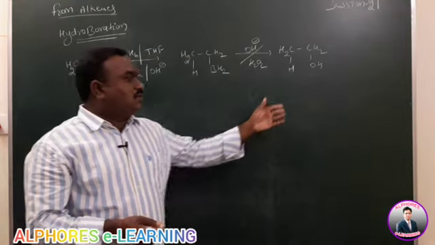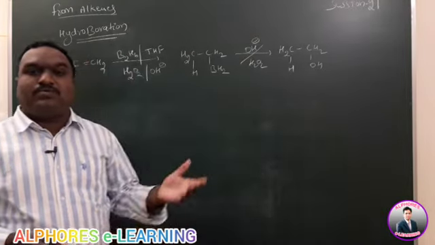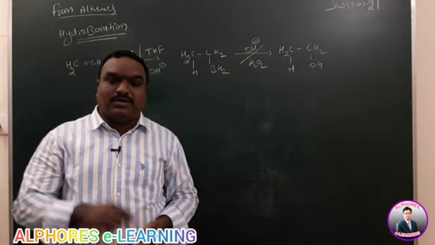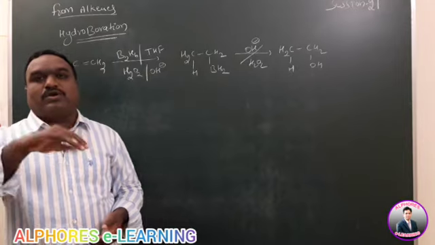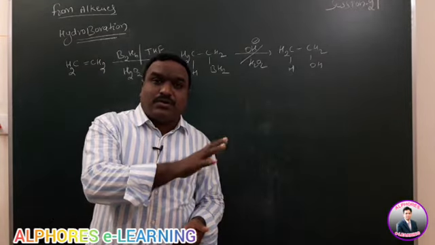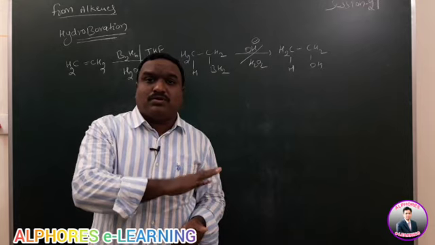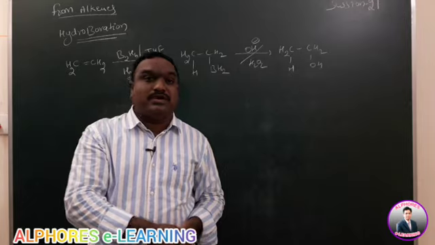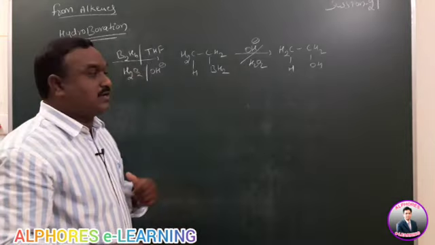Based on the product we can explain whether the formed product is Markovnikov or anti-Markovnikov. The first step is Markovnikov addition, but whether the formed product is Markovnikov or anti-Markovnikov, we can identify when we complete the reaction. Directly we cannot say right now.